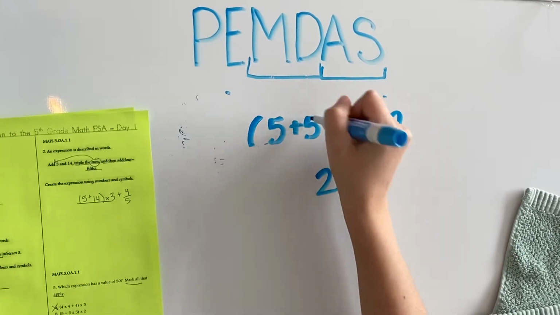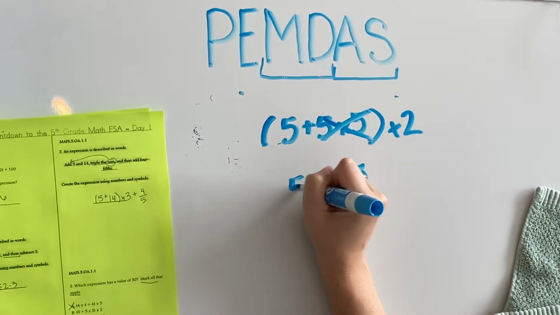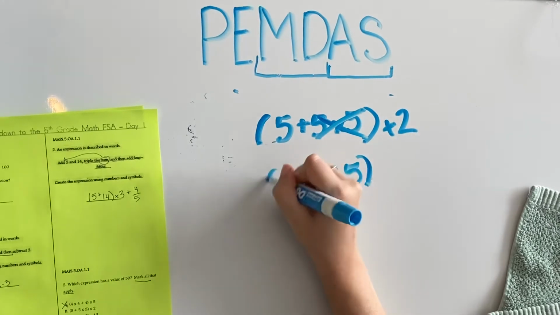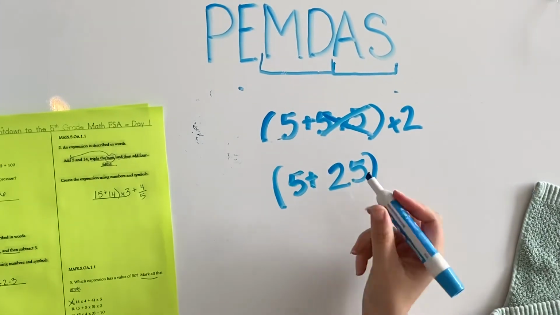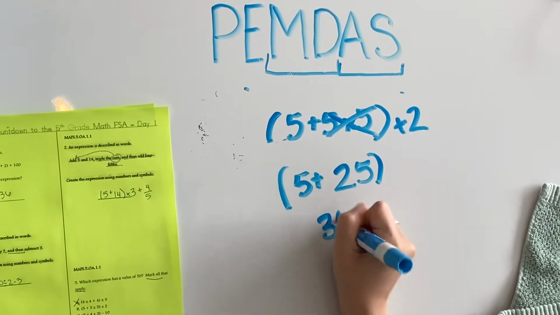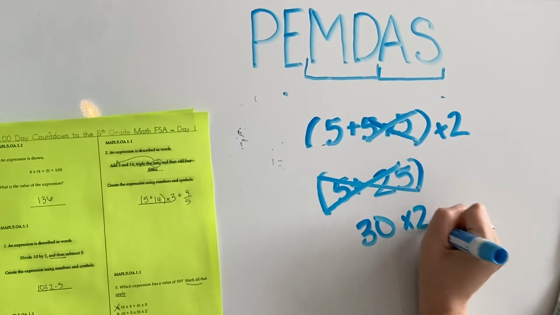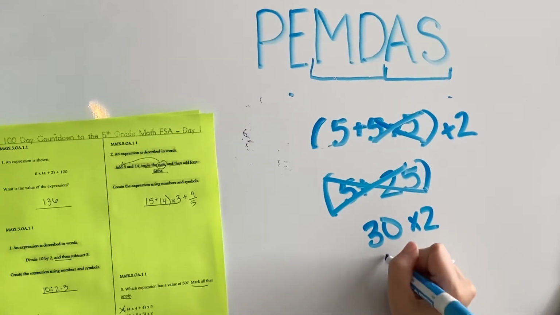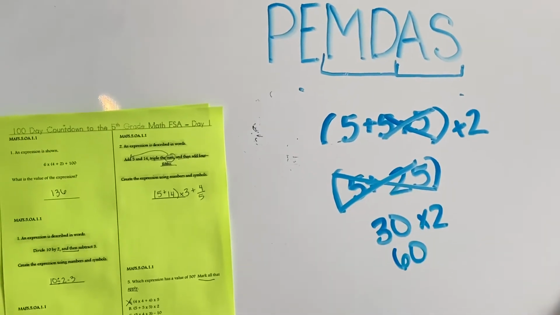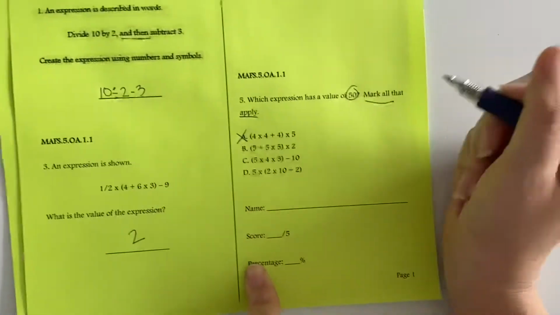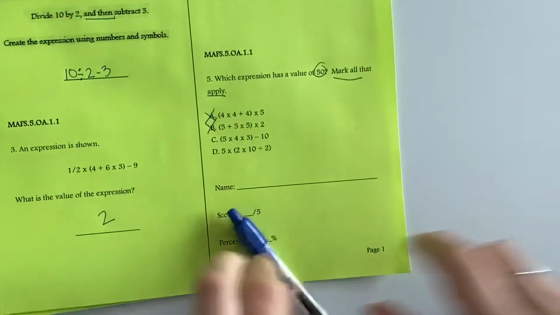And then I still need to do 5 plus 25. So 5 plus 25, I know is 30. Bring down this times 2. 30 times 2 is 60. So that is not it because I need my value to be 50. So B is not the correct answer.